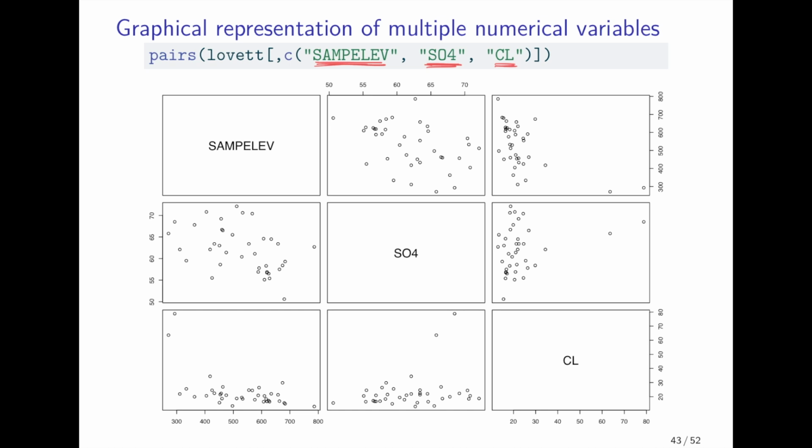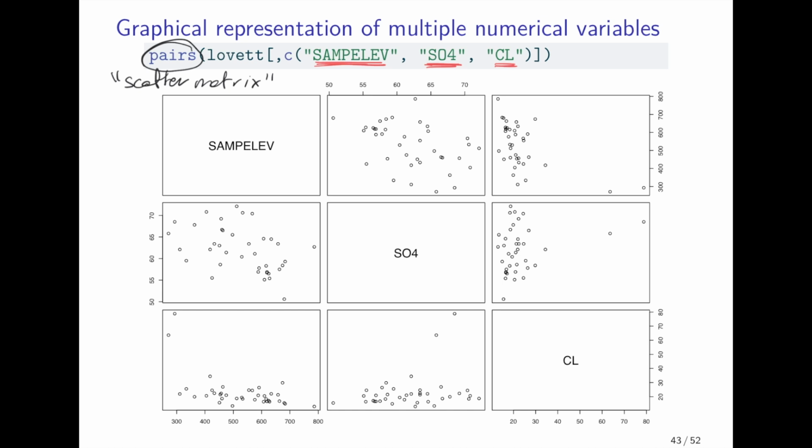And what you can do with R is you can make a so-called scatter matrix. And you do that with this pairs command. What R will do when it plots this scatter matrix is it'll take two variables at a time and make a scatter plot for each combination of those variables.